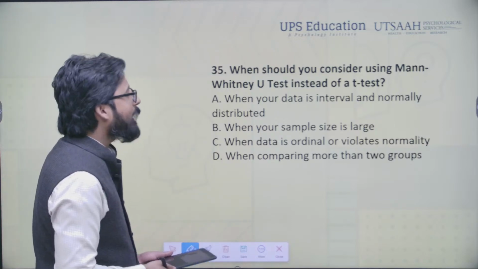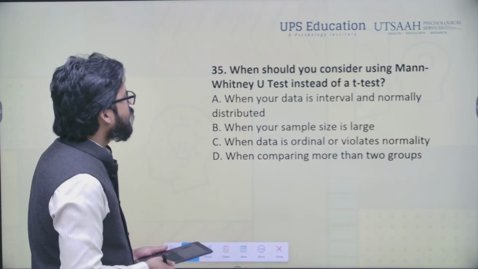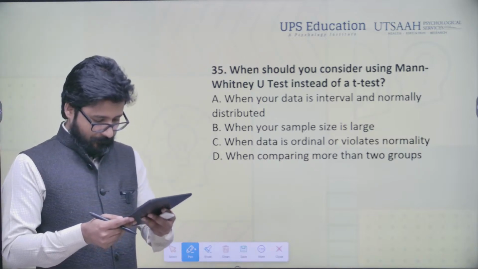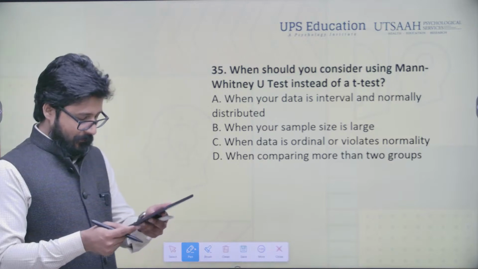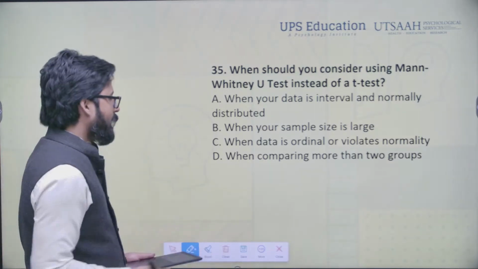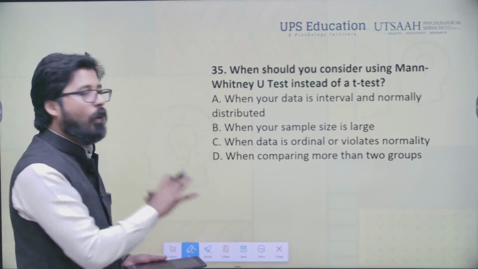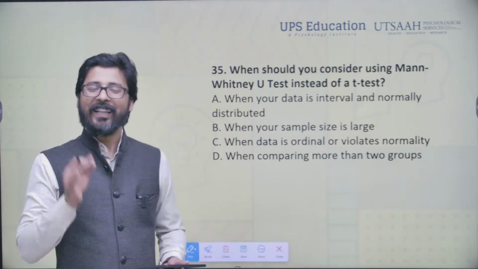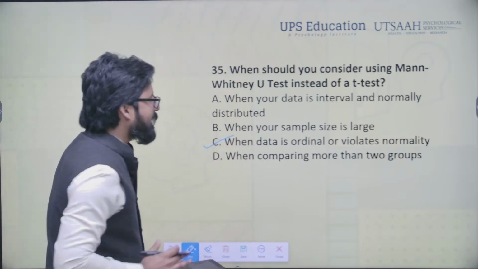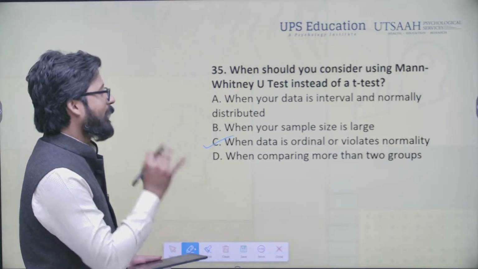And D, when comparing more than two groups. Okay, you can mention your right answer in the comment box. So if you have all these options, we can say the correct answer is C. Correct answer is C, when data is ordinal or violates normality.